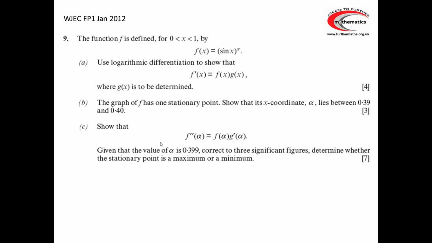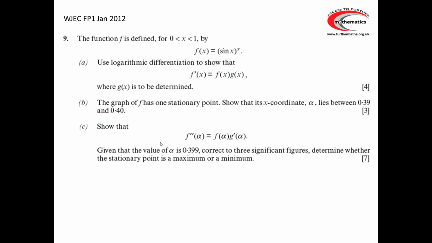Moving on to part C, the first result had 3 marks, 2 marks for obtaining an expression for f''(x), and then the third mark for making use of the fact that we knew that f'(alpha) had to equal 0 to obtain the given result.